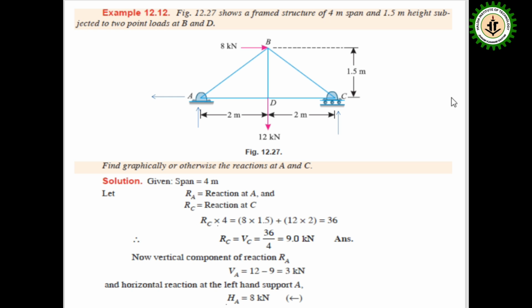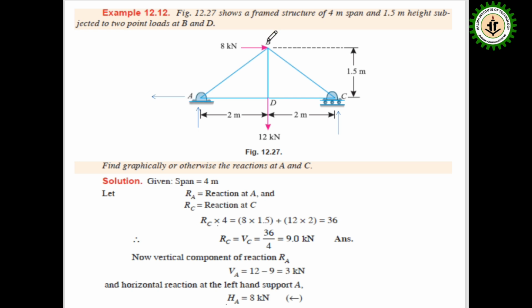First of all, we have to calculate forces in each and every member. So here 1, 2, 3, 4. If we consider this is a 4-member truss, by applying method of section or method of joint, we can easily calculate the forces at each and every member.